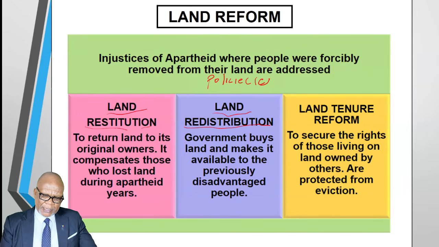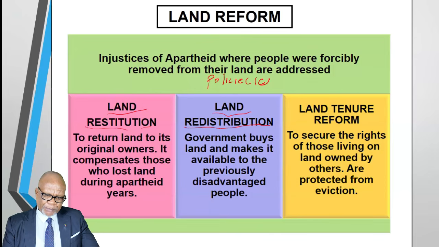So government buys land and makes it available to the previously disadvantaged people. So when land is redistributed, it means the people that were not given land before have an opportunity to own land.